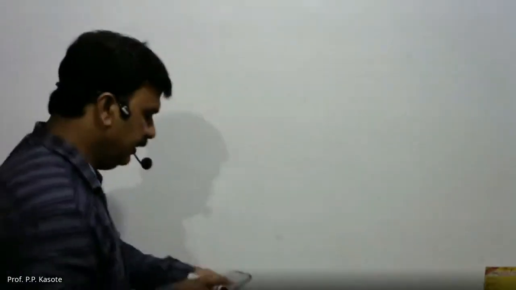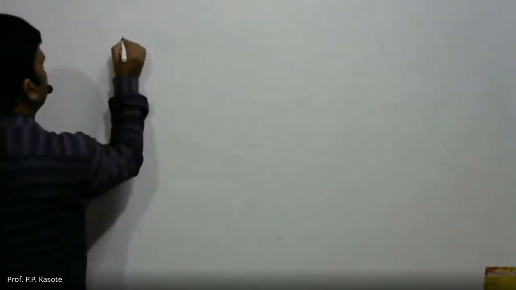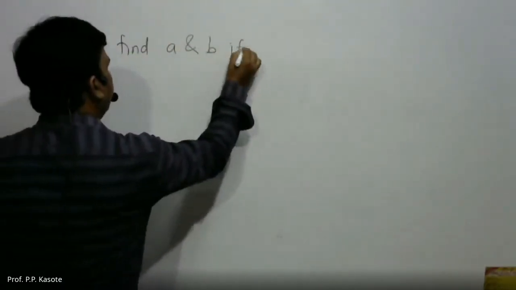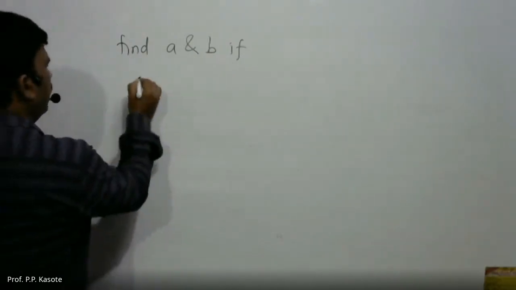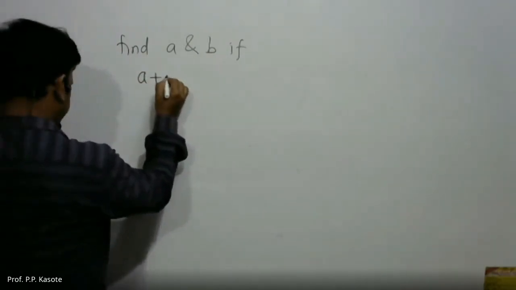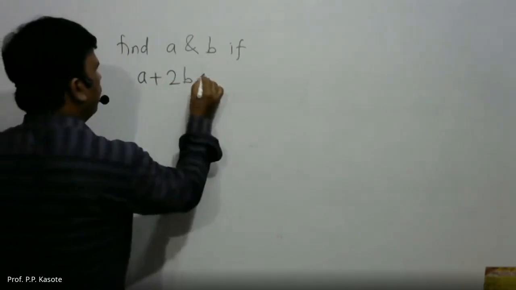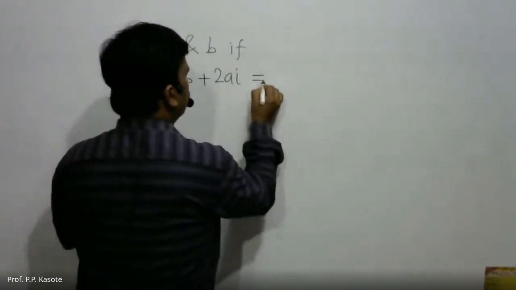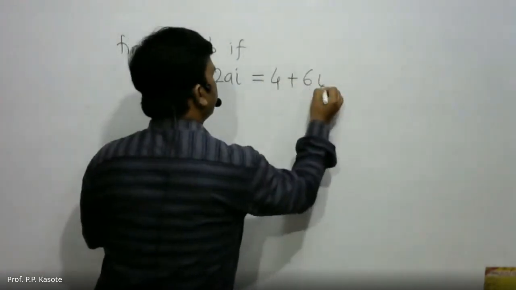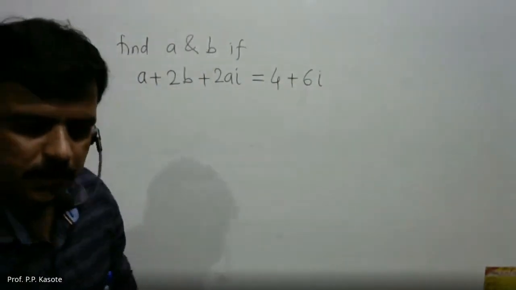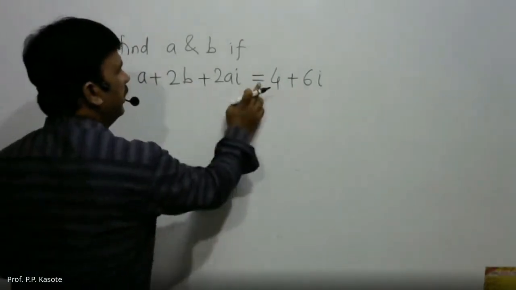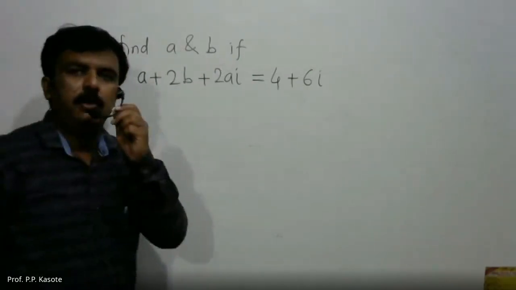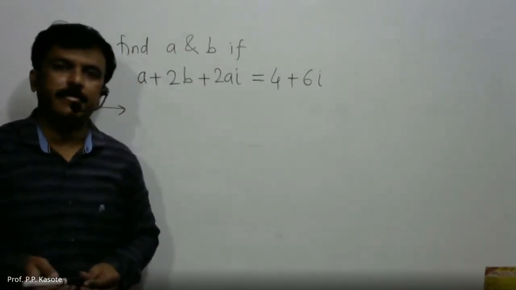Find a and b if a plus 2b plus 2a i is equal to 4 plus 6i. We are given that these two terms are equal and we are asked to find the values of a and b.